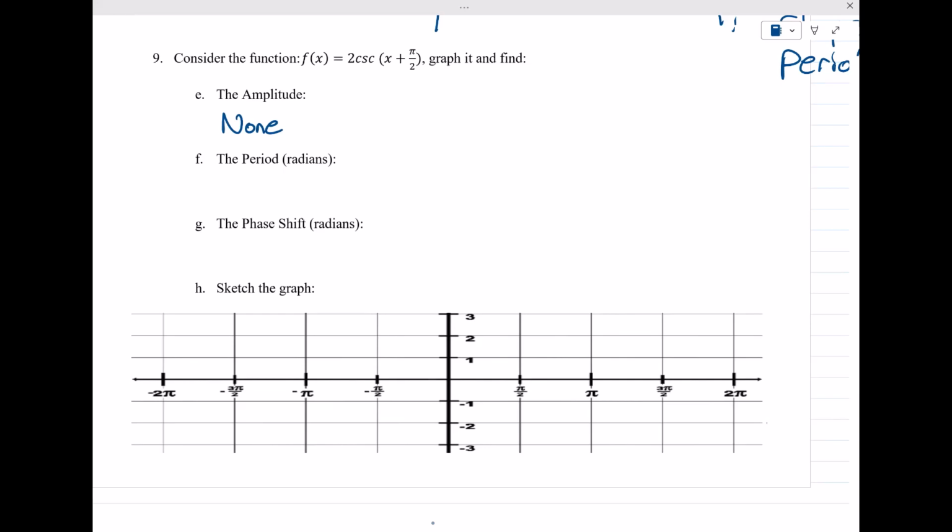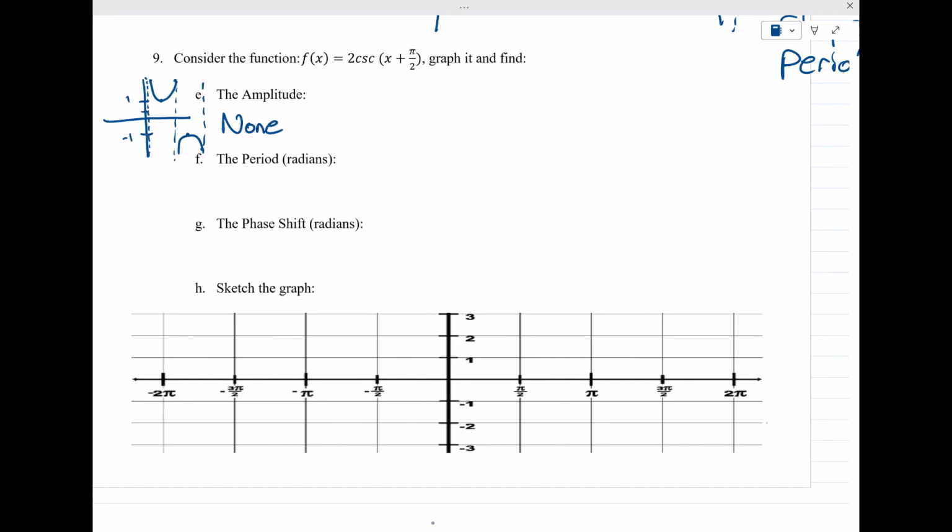But also, if you remember what cosecant looked like, the normal graph of cosecant started undefined, and then it started at 1, and it kind of looked like this. If you remember when we talked about cosecant, it looked like that.